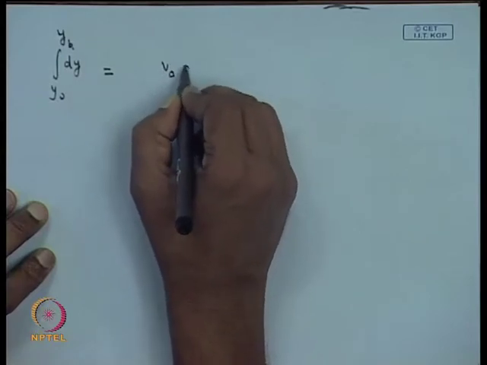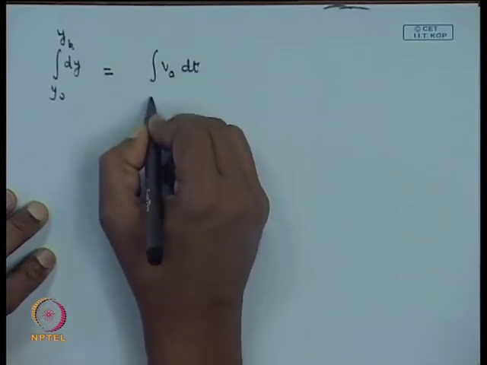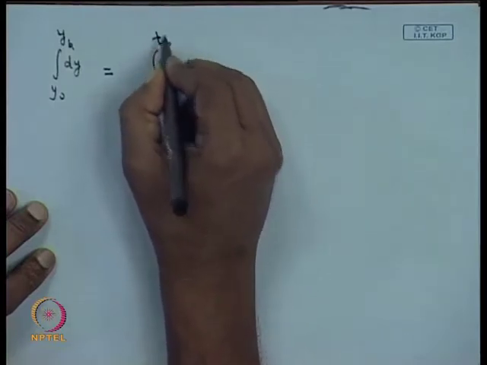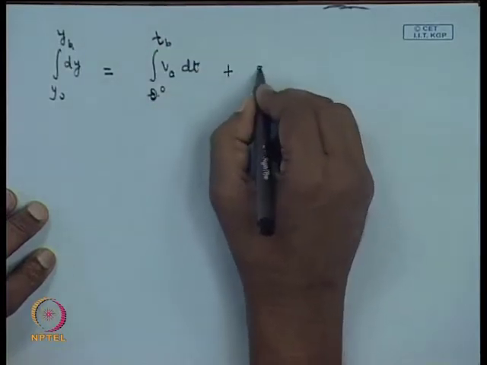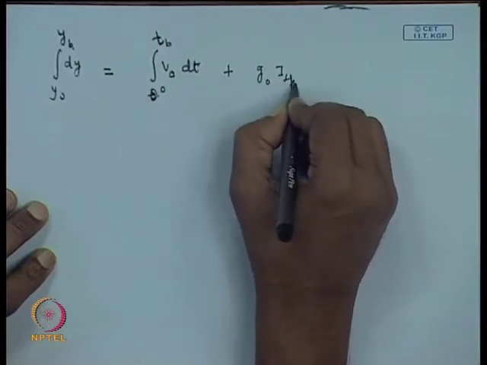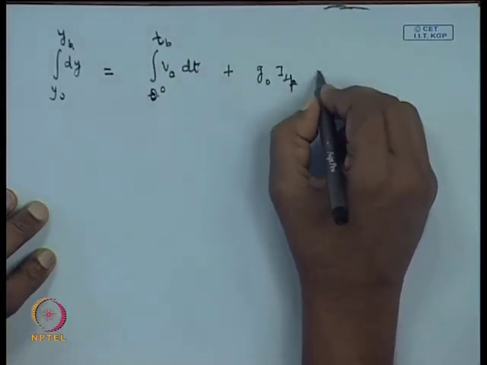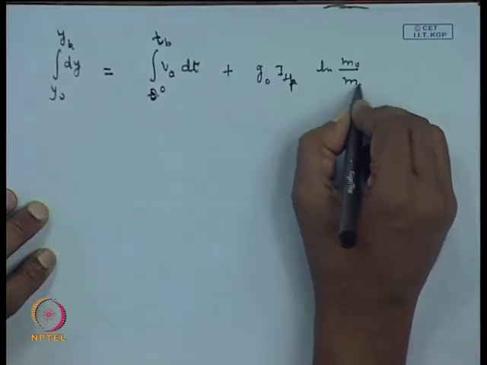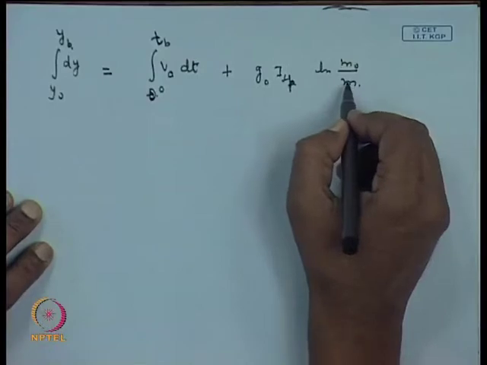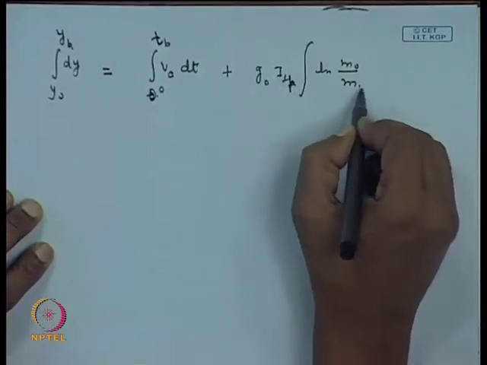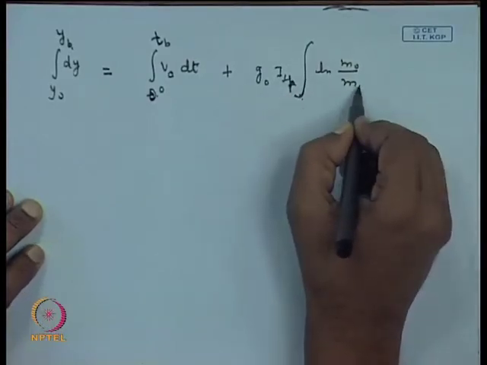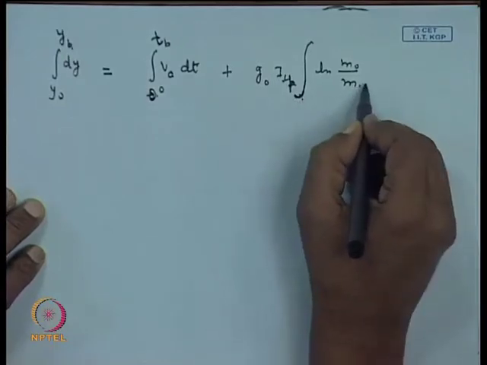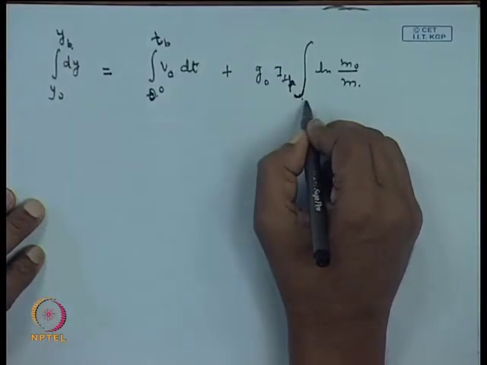This will be V 0 from 0 to T b, plus g 0 I s p ln m 0 by m. So, while we are doing the integration, in that case m b we are replacing just with m, because m b is the mass at termination, when the final burn has taken place.